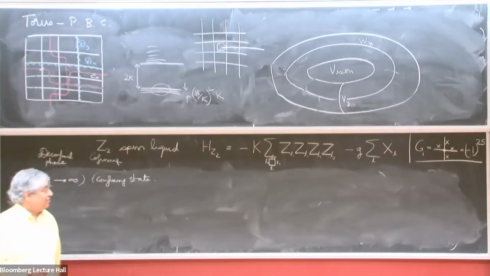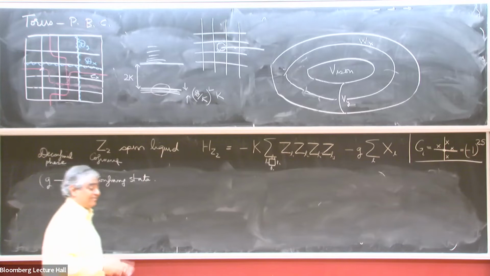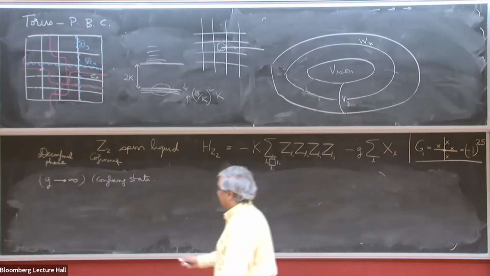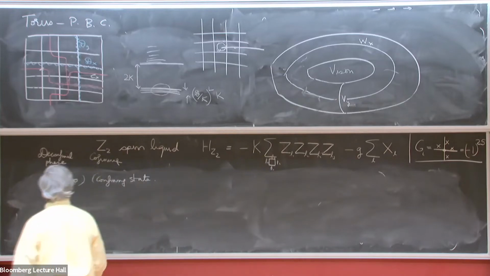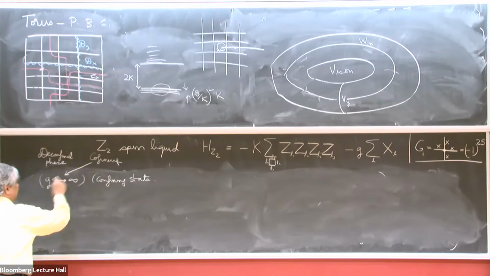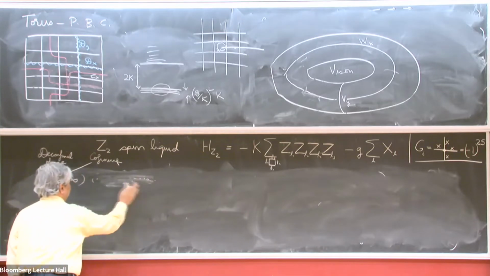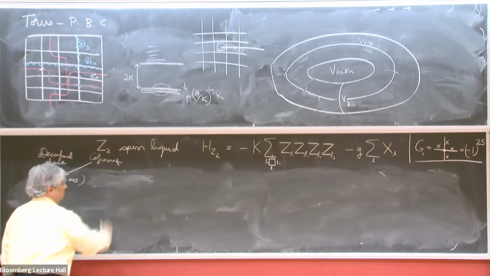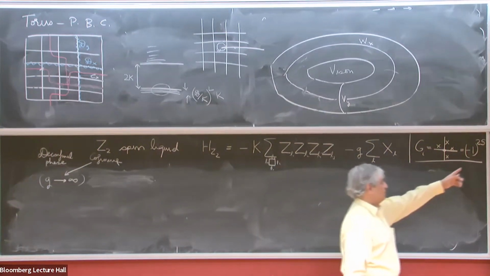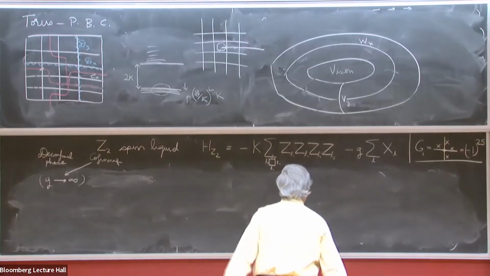Okay, so I forgot, actually, we're not fully done with the Z2 spin liquid. I talked about the g goes to 0 limit, where you have the interesting deconfined phase. But now we're going to talk about the confining phase, which is as g goes to infinity. So at least for integer S, that's quite trivial.